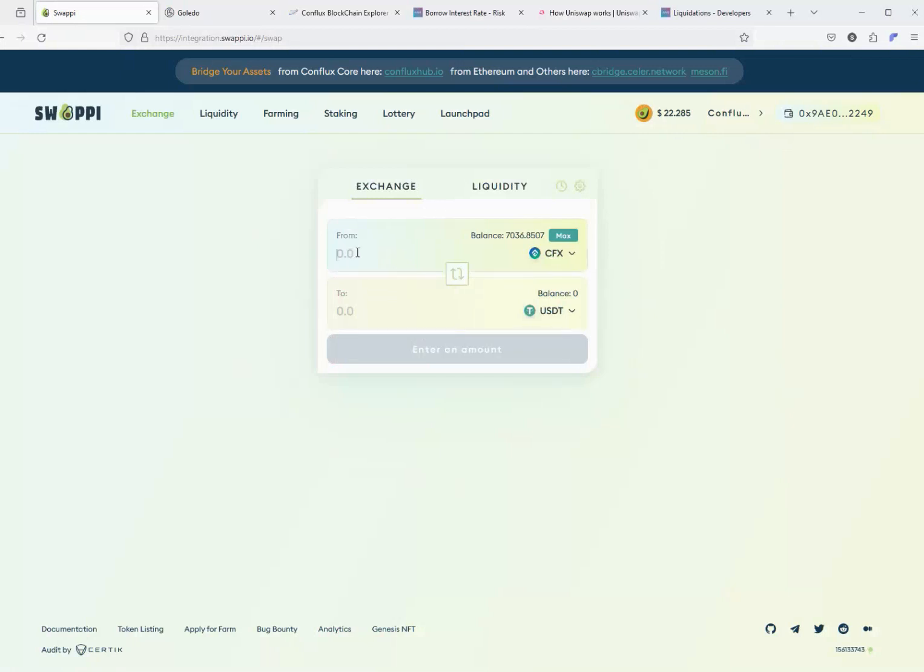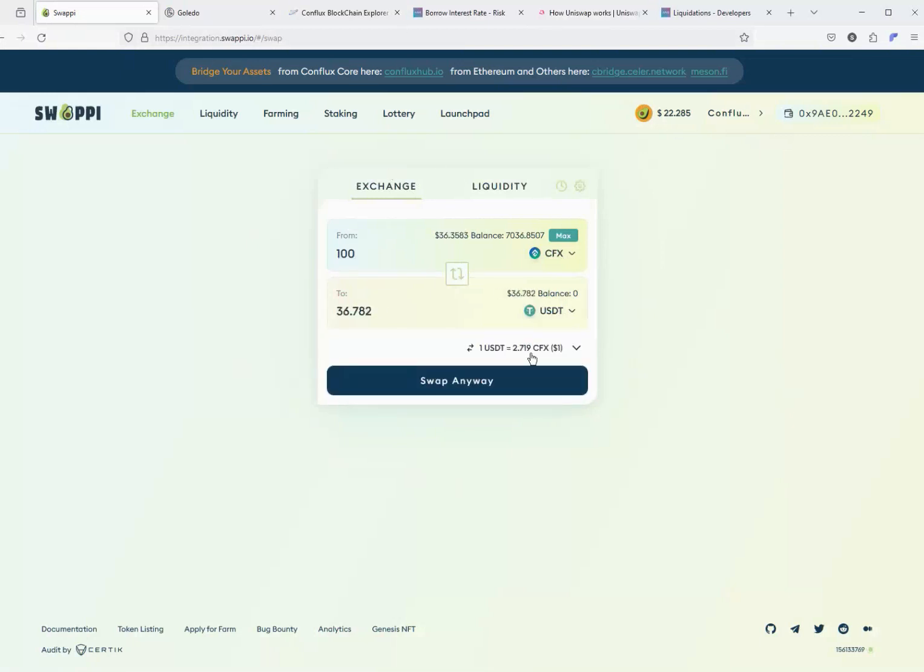If I want to swap from CFX to USDT, for example 100 CFX, it will calculate that I can receive 36 USDT as a return.